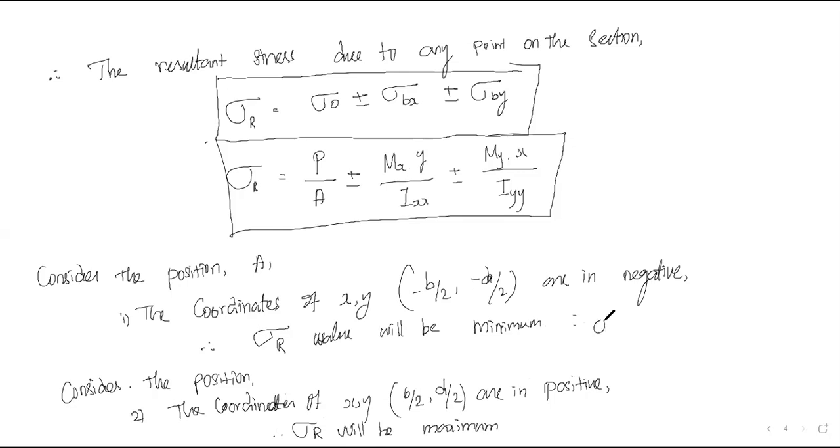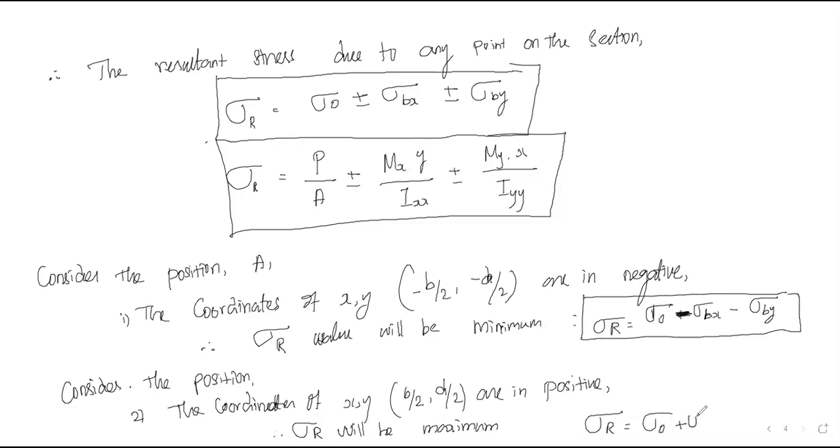So the formula is sigma r is equal to sigma naught minus sigma bx minus sigma by with respect to position A. With respect to position C, sigma r is equal to sigma naught plus sigma bx plus sigma by. So all the values will be positive.